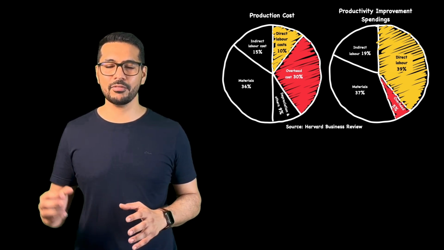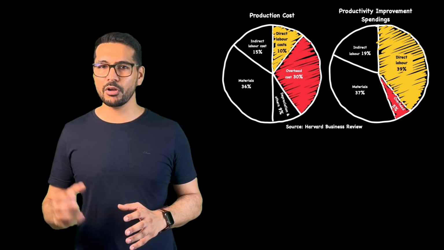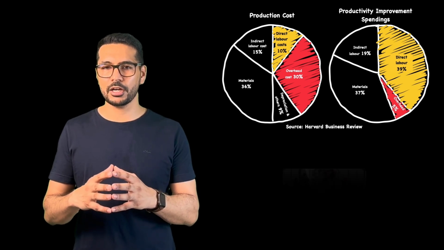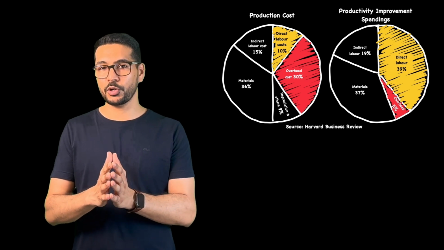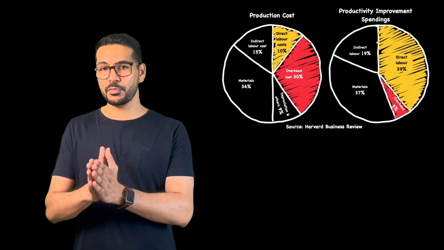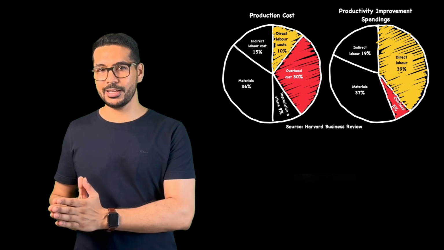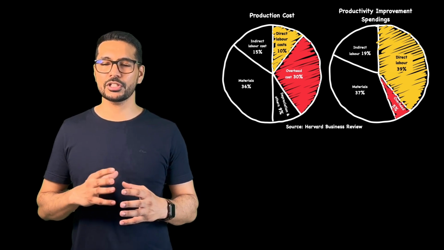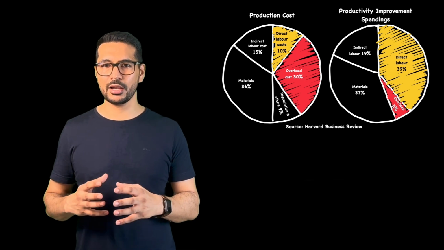We squeeze every euro, every dollar from the production, but we really don't pay attention to where the more potential for cost reduction lies, and that's the overhead costs, these office areas, which are a little bit hard to analyze.